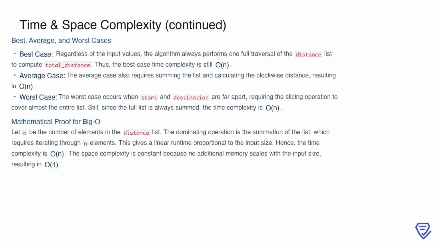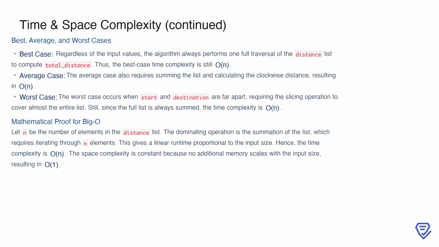Finally, let's consider the best, average, and worst-case scenarios for this algorithm. Regardless of the input values, the summation of the entire distance list to compute total_distance always requires one full traversal. Therefore, the best case time complexity is O(n). Similarly, the average case involves summing the list and calculating the clockwise_distance, which also results in O(n).